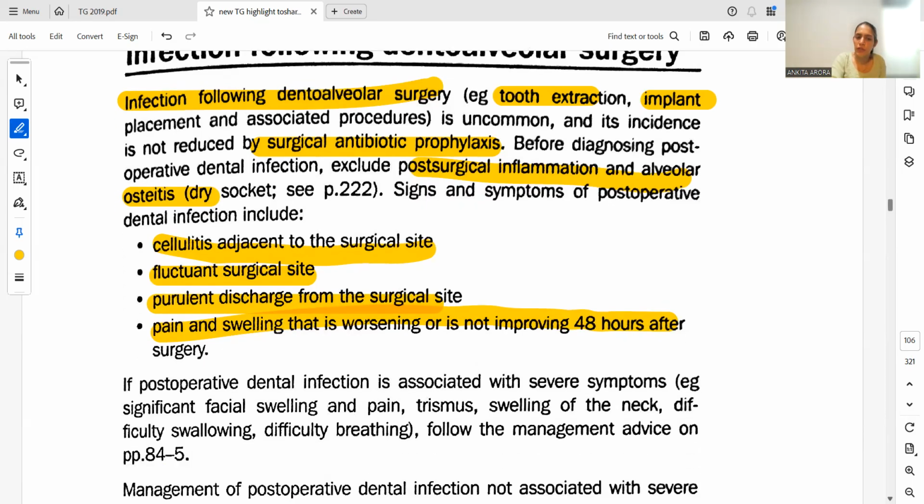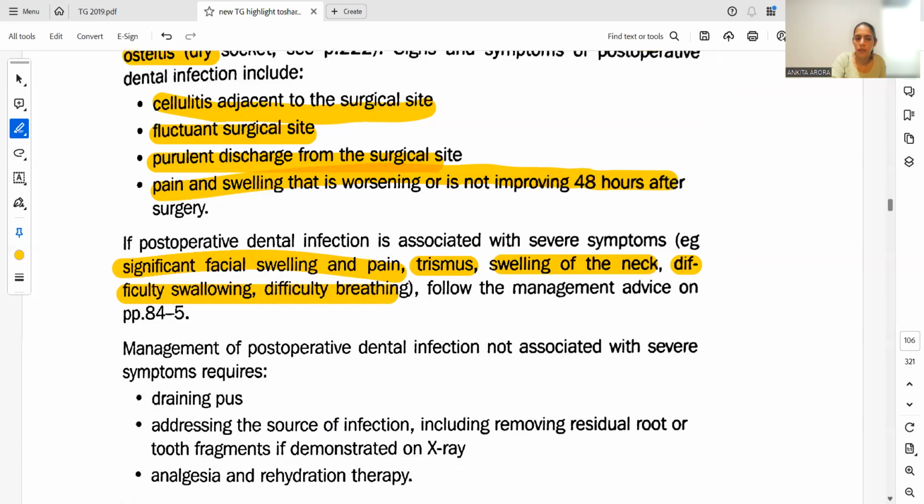If post-operative dental infection is associated with severe symptoms like significant facial swelling and pain, trismus, swelling of the neck, difficulty swallowing, or difficulty breathing, follow the management advice as previously given.